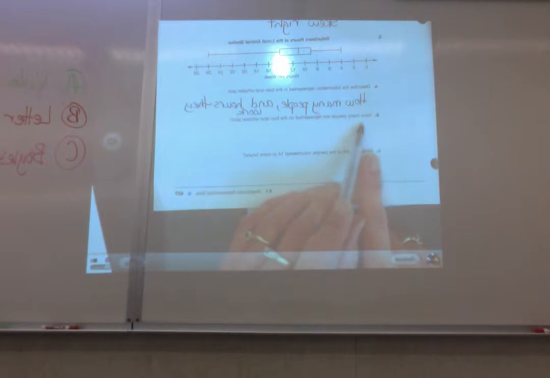Okay, how many people are represented in the box and whisker plot? B. Okay. How many people are represented? Where does it say how many people? Nowhere.